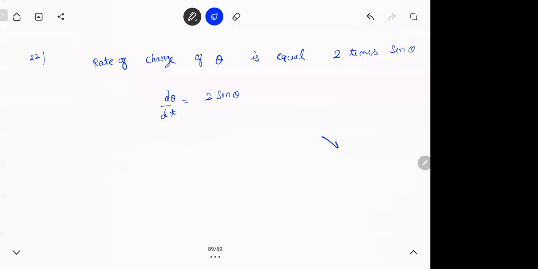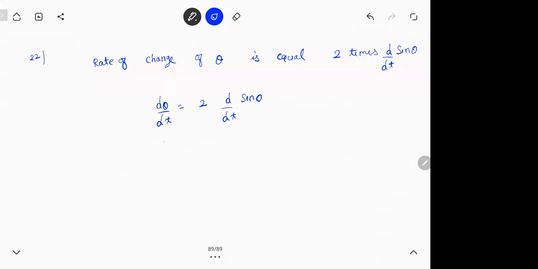No. He's saying 2 times d by dt of sine theta. As fast as sine means rate of change of theta should be 2 times as fast as the differential of sine, meaning rate of change of sine theta.